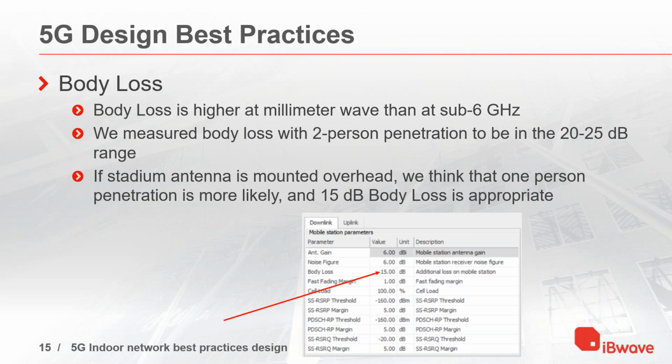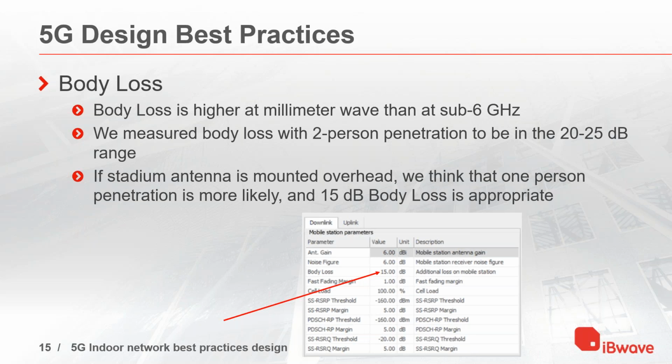Having said that, there is something to be said about the concept of having a body loss at millimeter wave and the concept of measuring the signal at millimeter wave.